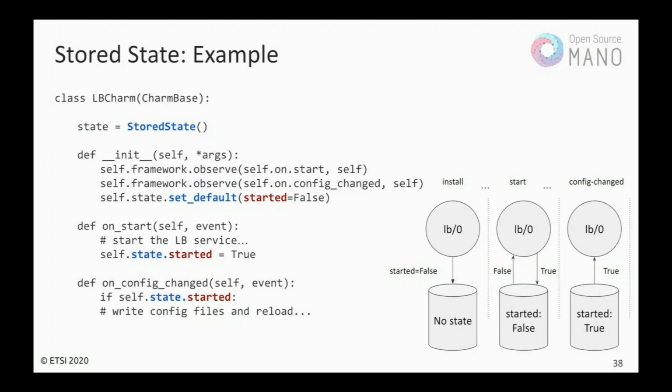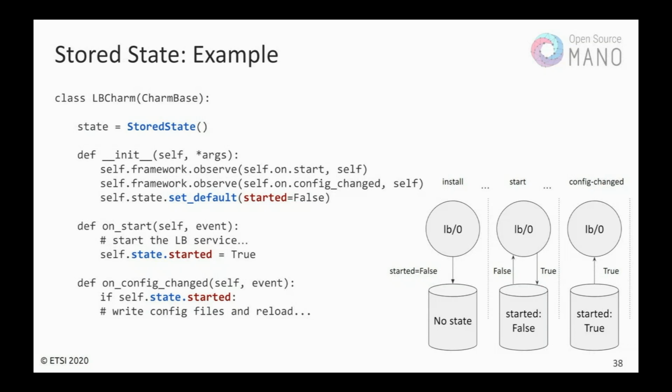So, for example, if you wanted to store a variable that would tell you if you started a service or not, you could set that variable as an attribute on the stored state object, and it will be automatically persisted and restored in between the hook executions. If you wanted to set a default value, you could use the set default method and provide a specific attribute that you want to set to a certain value.